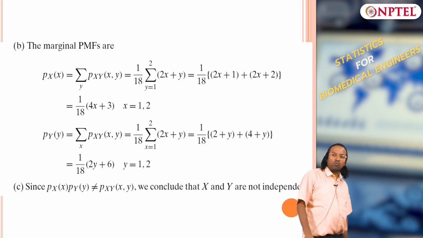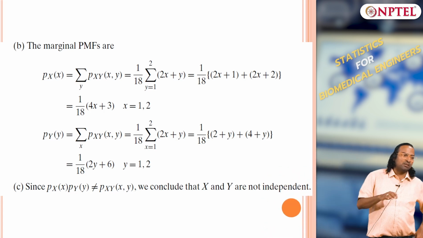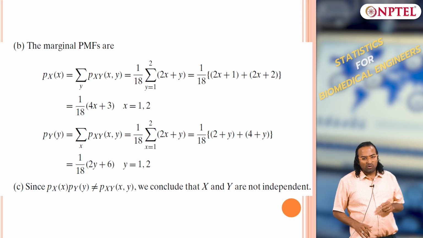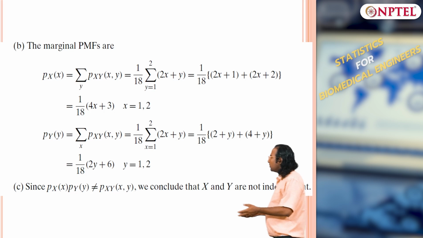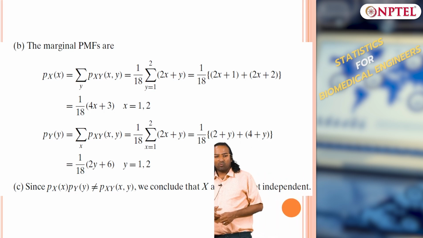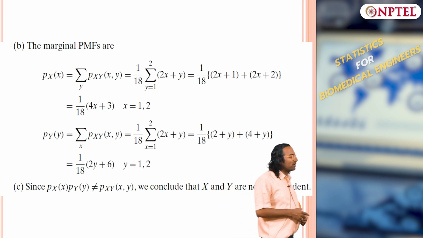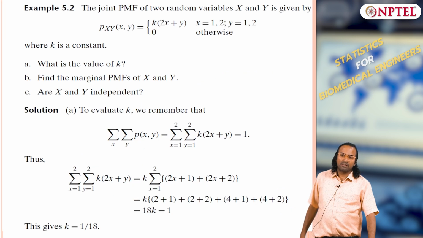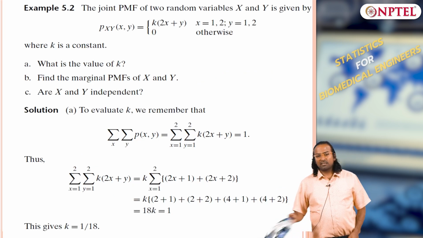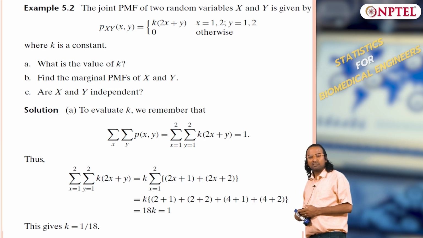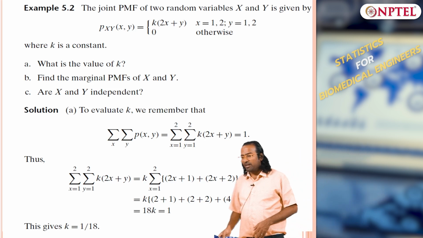What is the marginal along y? It is the summation along the x direction. You keep y and substitute for the x values, and you get the marginal of y. How do I know whether x and y are independent or dependent?